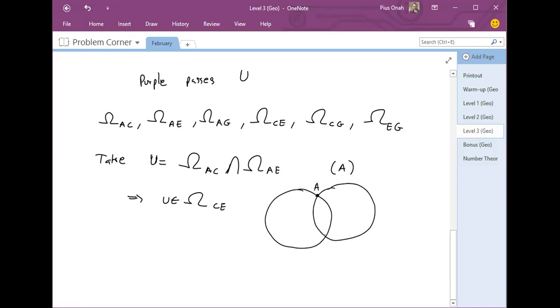So let's say we had A here. So this is U, and C is somewhere on this circle, and E somewhere on this circle. Then if we draw the perpendicular bisector of AC, that will form the two centers that created this circle to begin with.